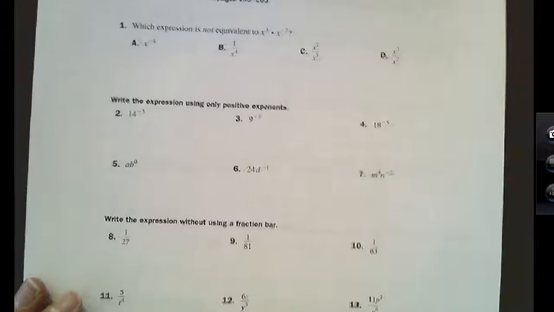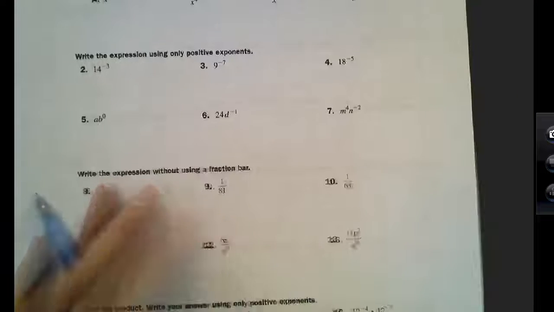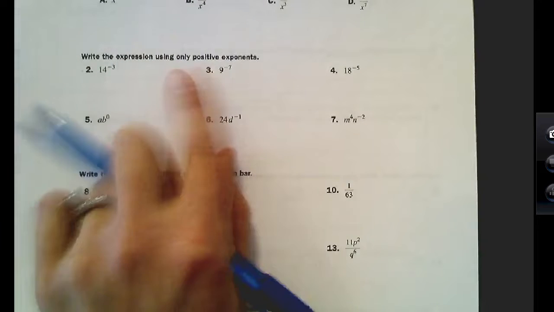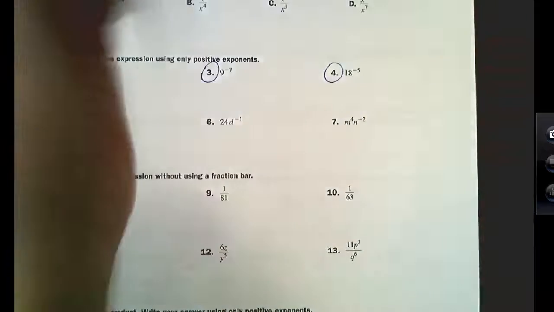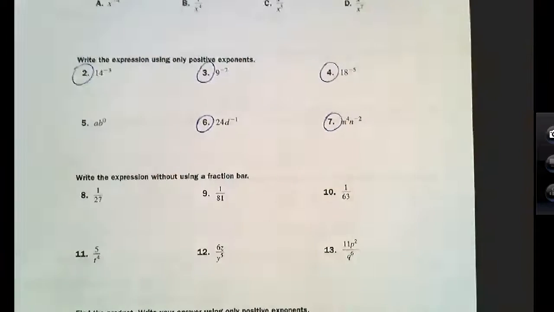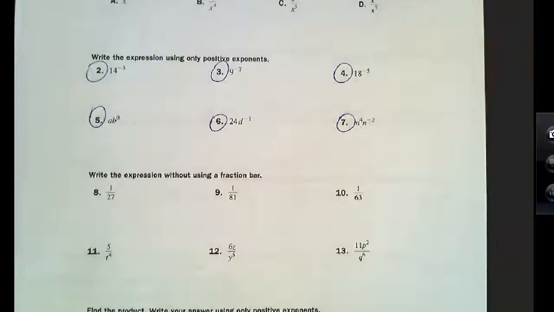The 4-6 worksheet. Now you'll notice we're going to go in this middle section here. See where it says write the expression using only positive exponents? You just have to rewrite this to make that exponent positive. So I want you to do 2, 3, 4, 6, and 7. So 2, 3, 4, 6, and 7. Yeah, heck, let's do number 5 too.